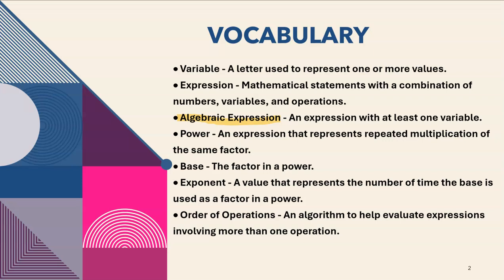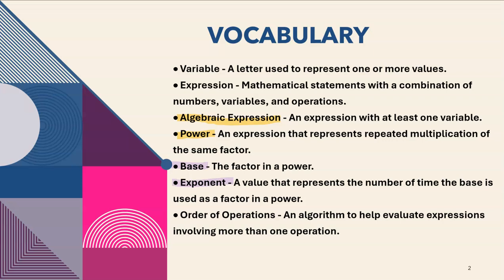We will see a couple of those here. We'll also come across something called a power. A power is an expression that represents repeated multiplication of the same factor. Within a power, we will have a base and an exponent.